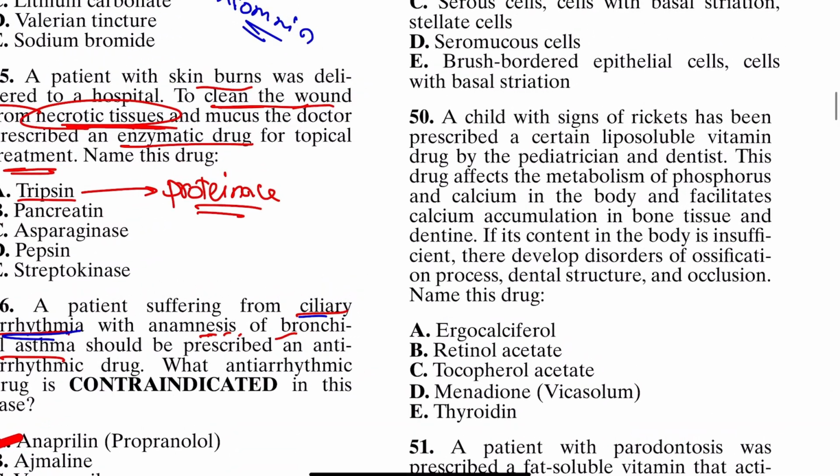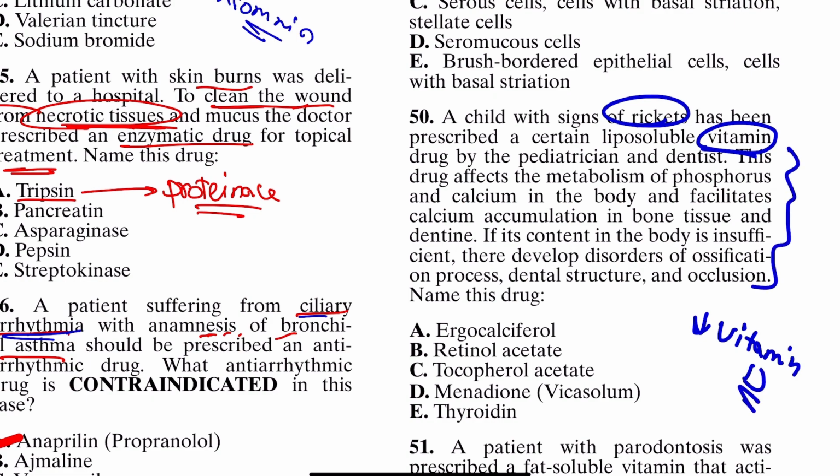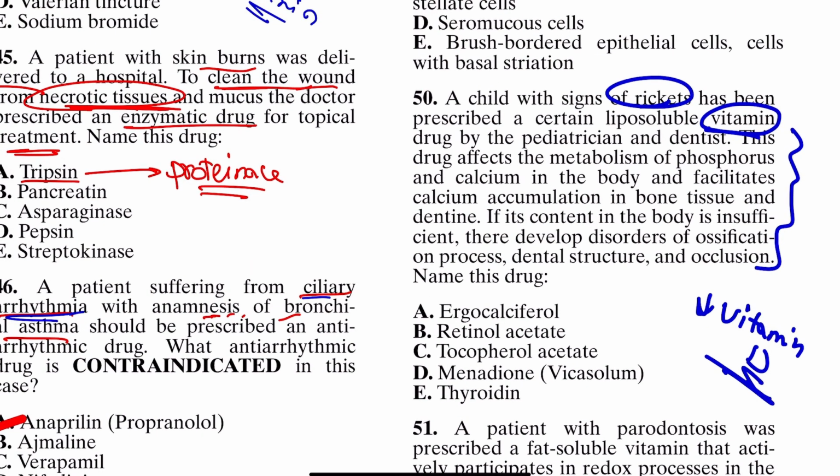Here we see a child with signs of rickets who has been prescribed a vitamin. Okay, so rickets means softening of the bones in children. Softening and weakening of the bones, and it's probably due to decrease of vitamin D. And they prescribe the vitamin. Why will this vitamin work here?